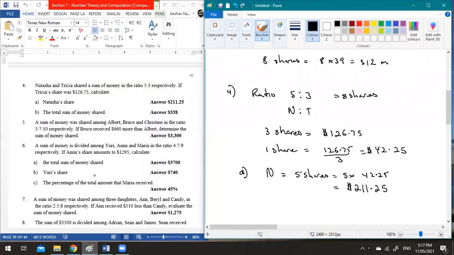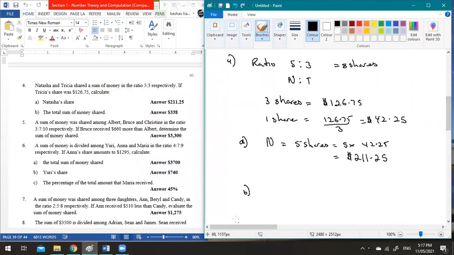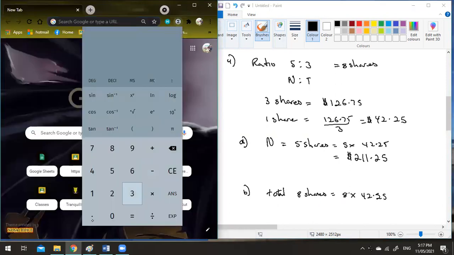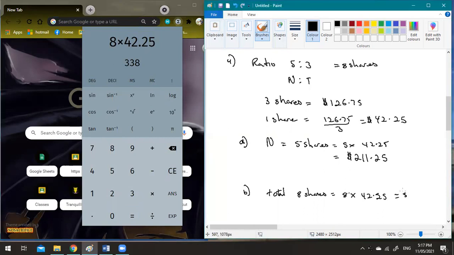Now, part B, you have 2 ways to do it. One way is knowing that we have 8 shares. So the total is 8 shares, so it'll be 8 by $42.25, which is $338.